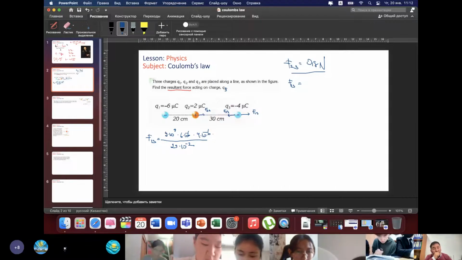Так, мына арасында 50 сантиметр, значит 0,5. F1 мен 3-тің арасы, значит 9 көбейту 24 көбейту 10 минус 3. Бөлімде 0,5. Так, қазір есептесем.